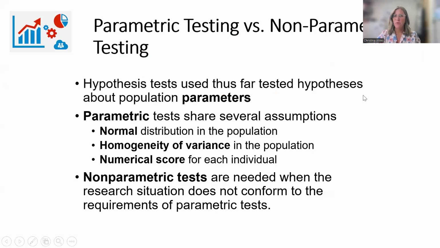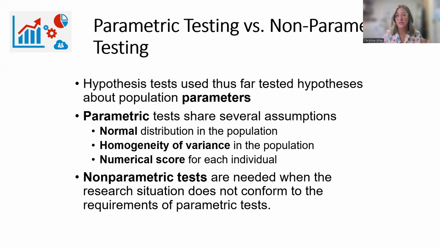Whenever we are considering an inferential statistic, we typically are looking at testing hypotheses that share several assumptions about the parameters. Remember, a parameter is a value that describes the population.